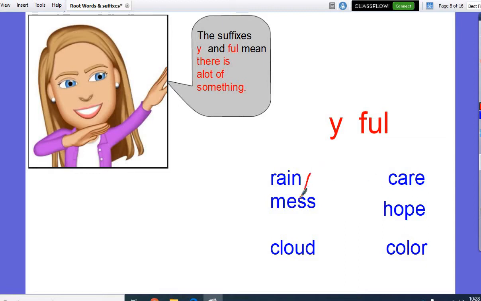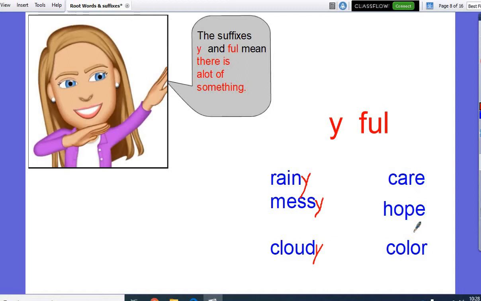For example, what happens if I add a Y to rain? What word did I make? Yeah, rainy. What if I add a Y to mess? Yeah, messy. What if I add a Y to cloud? Exactly, cloudy. Very good.